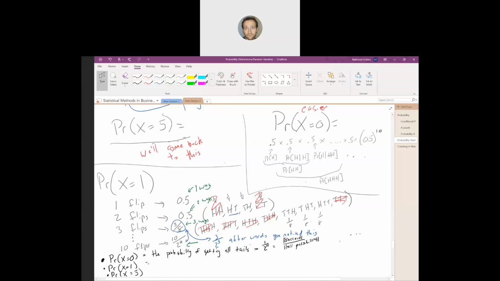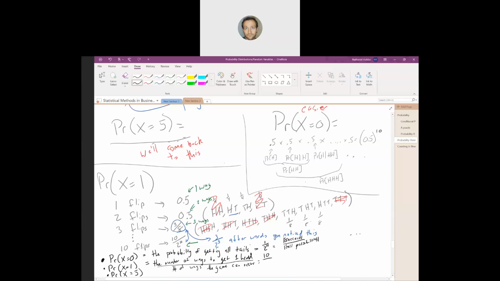And so here, this is equal to the number of ways to get one head divided by the number of ways the game can occur.